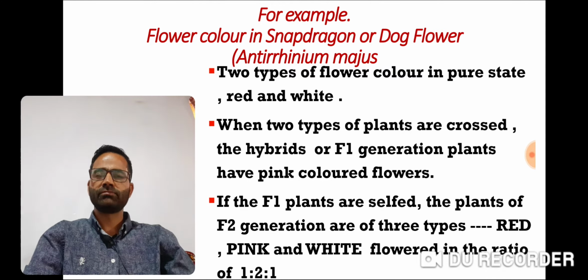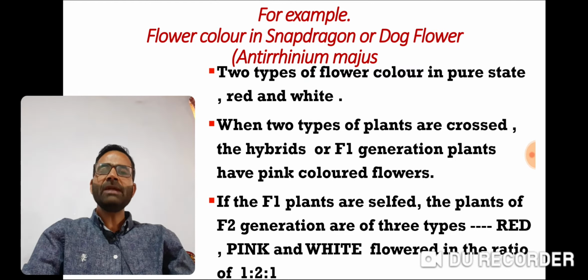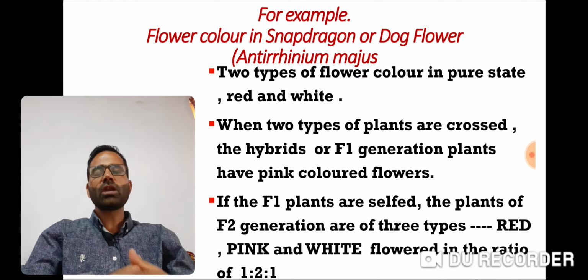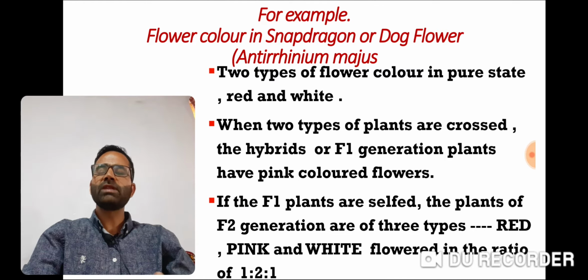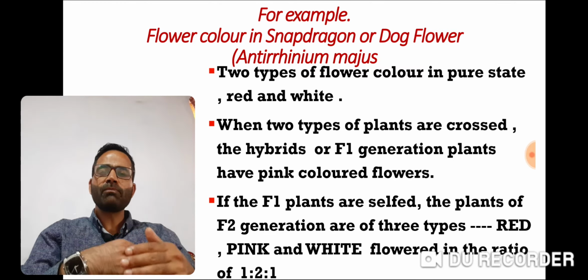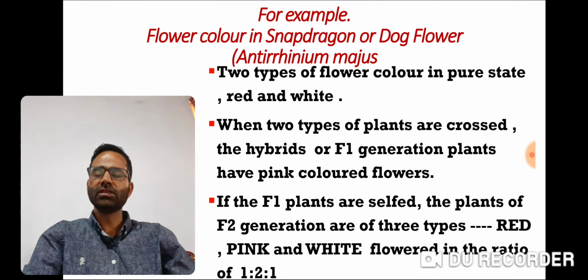Antirrhinum majus is the botanical name of this plant, that is the snapdragon. This snapdragon has two types of flowers in its pure state, red and white. And when the pure plants having red and white colored flowers are crossed with each other, the hybrids or the F1 generation plants produced have pink colored flowers.